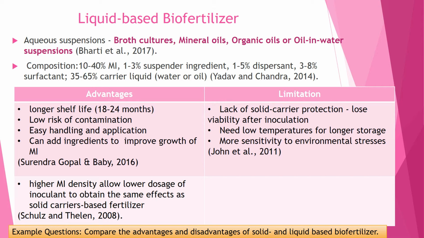So this can be oil in water or water in oil suspensions. Then to carry the micro inoculant is called carrier liquid. So this can be water or oil, depending on whether the micro inoculant is more having a longer shelf life in water or oil. So this will decide the carrier liquid, which is majority 35 to 65%.